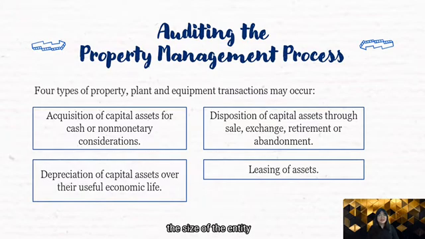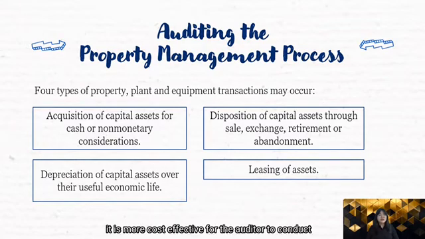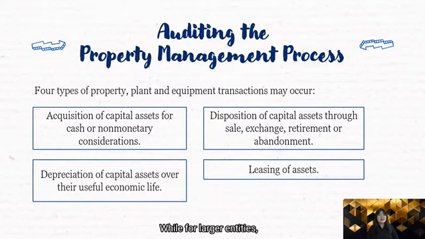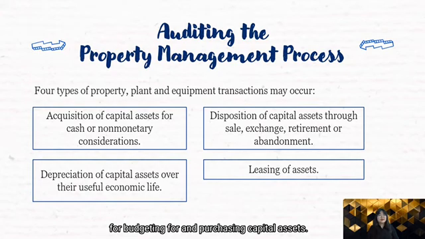Other than that, the size of the entity may also affect the auditor's approach in plant, property, and equipment accounts. If the entity is relatively smaller with less assets purchased during the year, it is more cost-effective for the auditor to conduct the substantive analytic procedures and direct tests on account balance. While for larger entities, auditors are likely to find formal procedures for budgeting and purchasing capital assets.